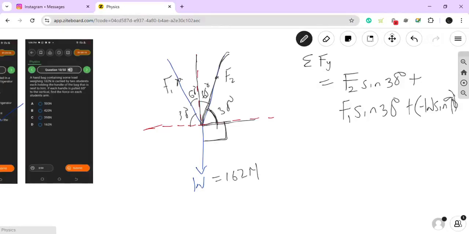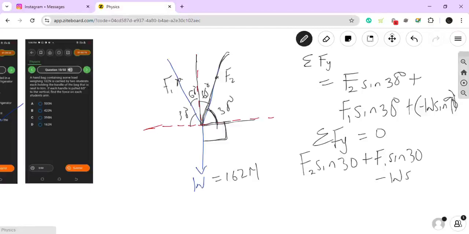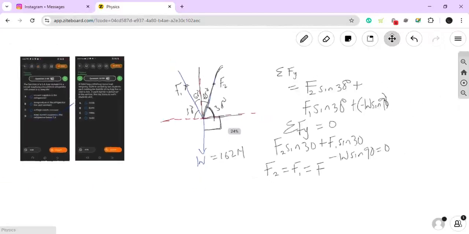And I told you that at static equilibrium your summation Fy equals 0. So F2 sine 30 plus F1 sine 30 minus W sine 90 equals 0. Don't forget, your F2 and your F1 are the same, so let's just say they are both F.